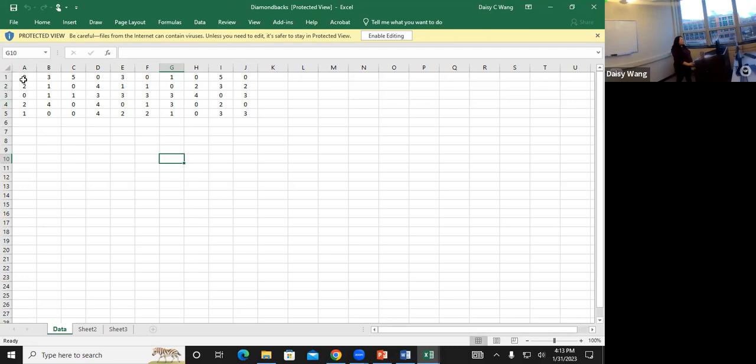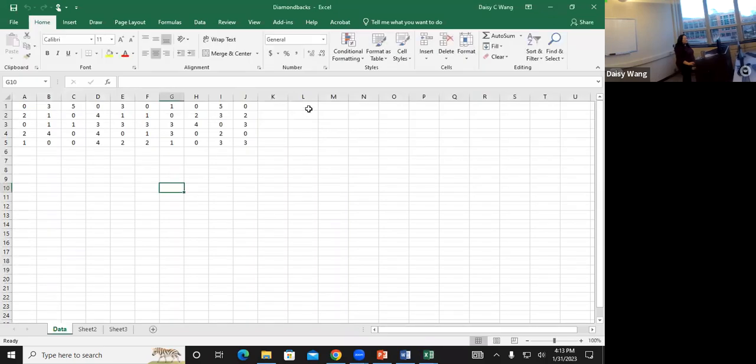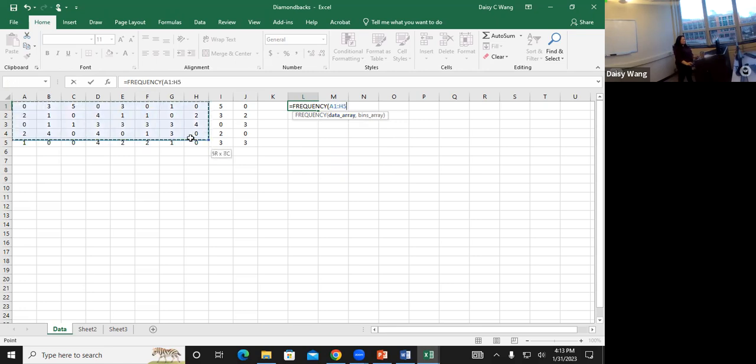Okay, so this one also has 50 data points, right? So what we can do is, with the frequency table, you can put it here. You can say equal to frequency, and then when you double click, you see the data array and the bins array. So this is the data. Okay. Oops.